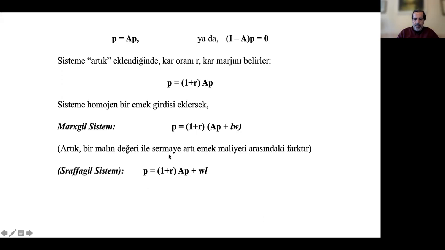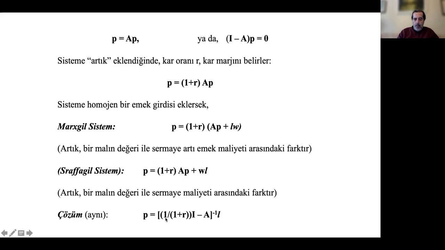Within the Sraffian system, some part of the surplus created by labor, or within the economy in general, some portion of the surplus may also go to the laborers. But within the Marxist system, there's no such thing. The whole of the surplus will go to the capitalist. But other than that, there's no difference between these two expressions in terms of the solution to the system. In both systems, we have the same solution.